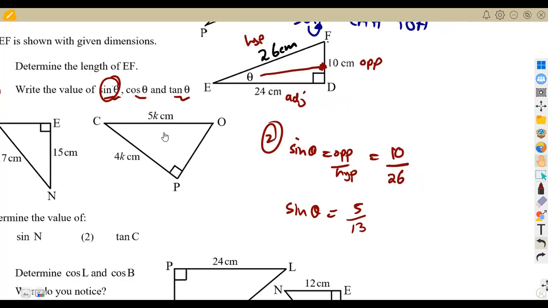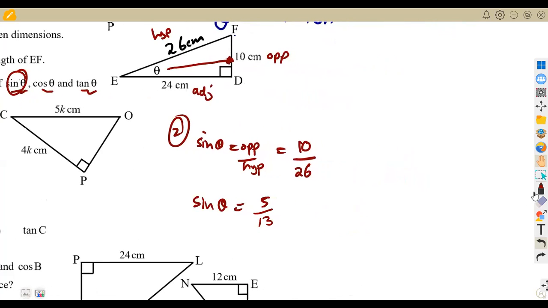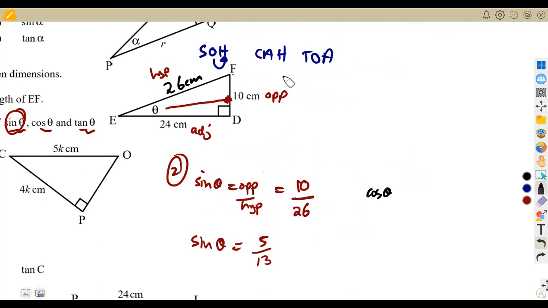The cos of theta, we also need from the same triangle. As we saw from our ratios, the cosine of theta is the adjacent over the hypotenuse. That means the cosine of theta will be taken according to this theta. We said this is our adjacent, which is 24, over the hypotenuse, which is given as 26.